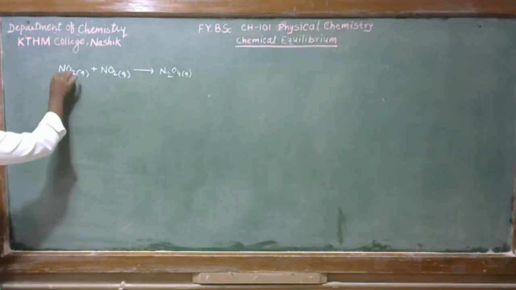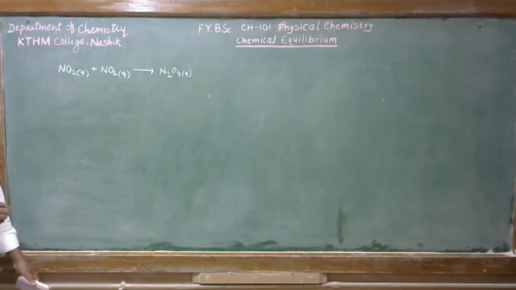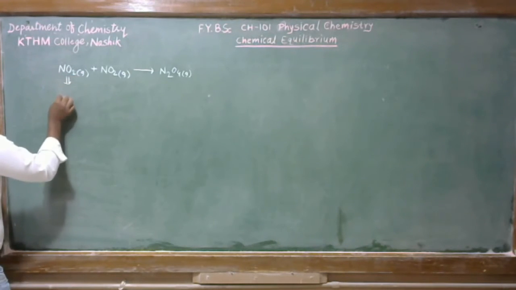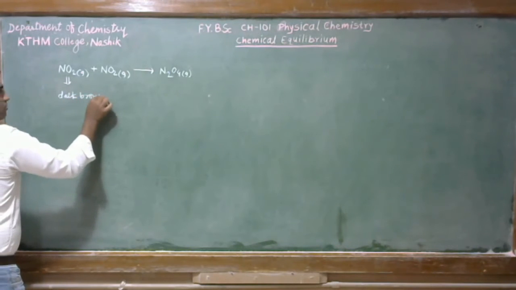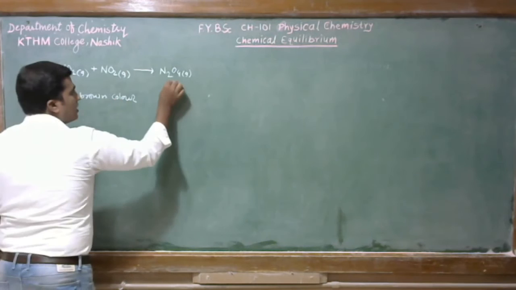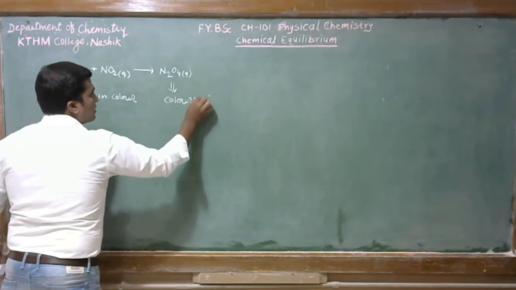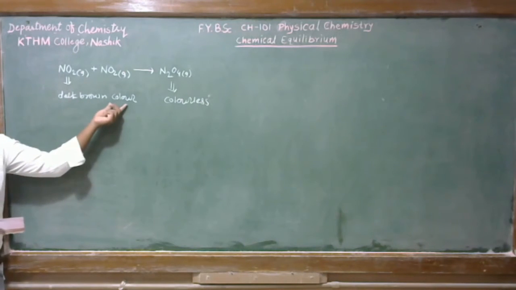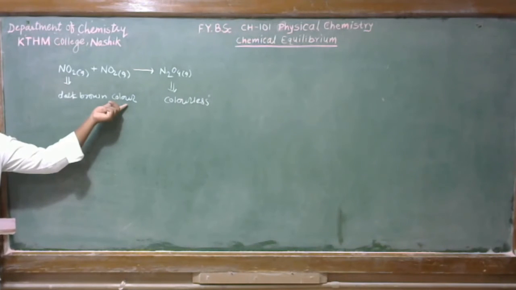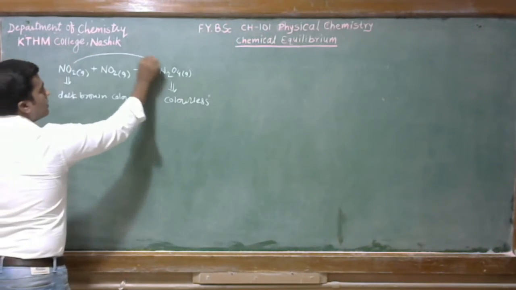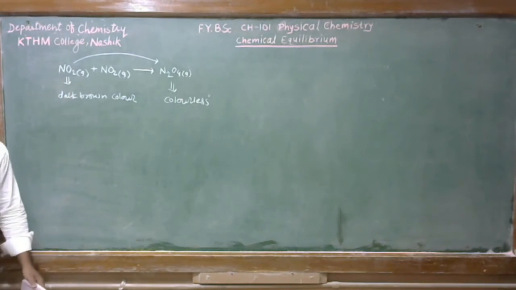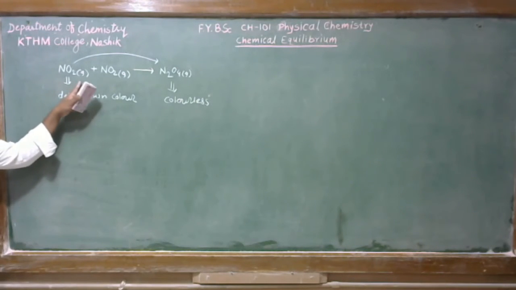When NO2 is placed in an evacuated sealed glass vessel, the initial dark brown color decreases in intensity and is converted into colorless N2O4 gas.